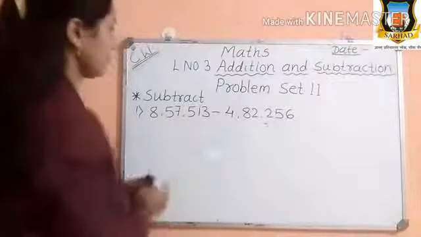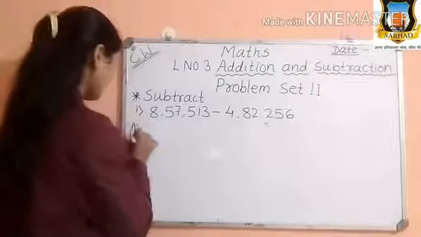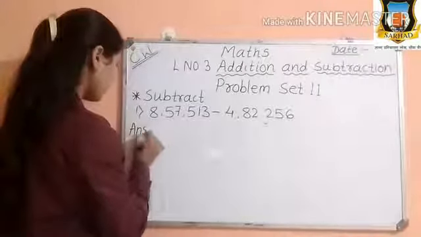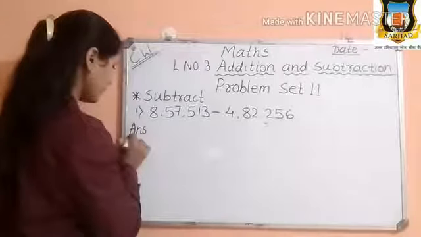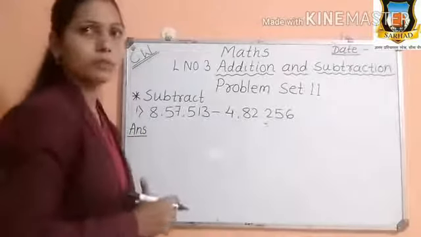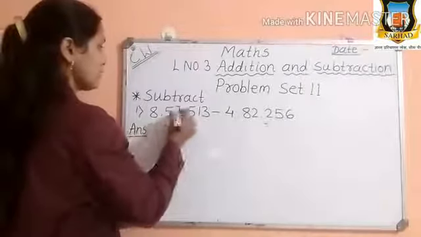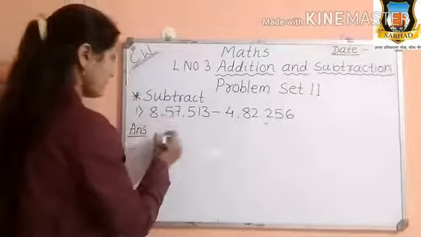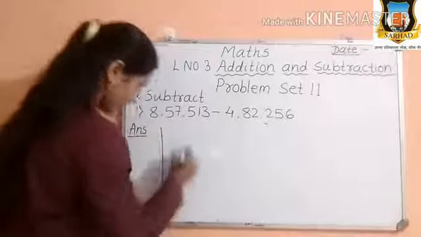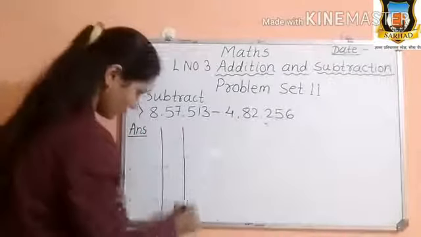So here we should make columns. Compulsorily make columns, with the help of your scale and pencil. Now see, this is a 6-digit number, so we should make columns here. 6 columns we have to make.